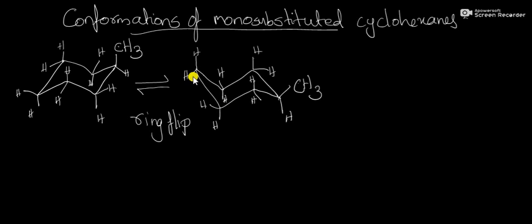When the substituent is present at the equatorial position, that will be more stable, and when the substituent is present at the axial position, that is less stable. Why is it less stable?